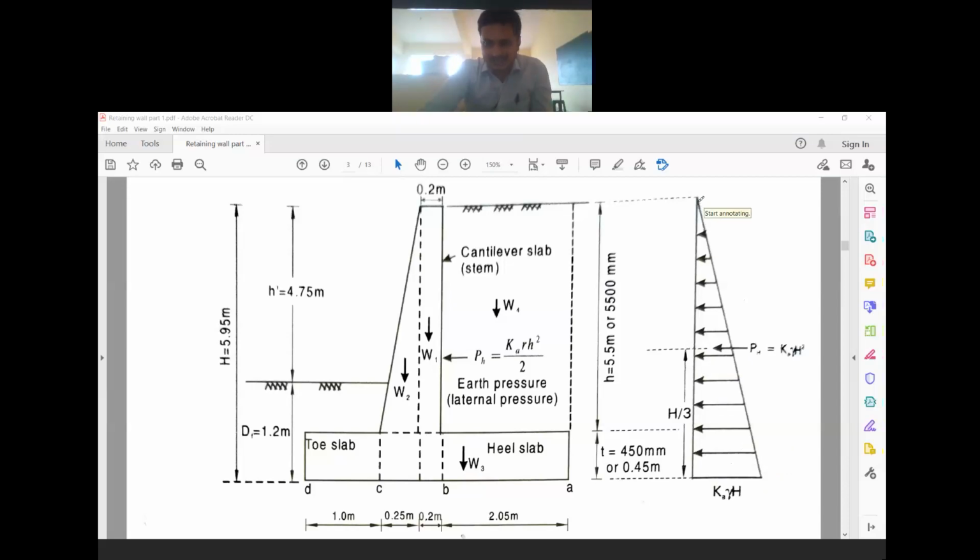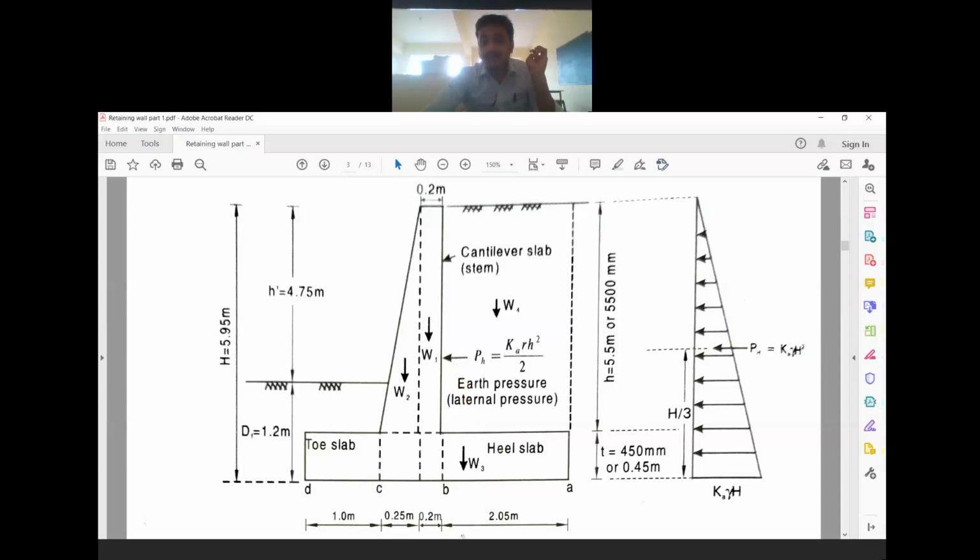So I cannot take this varying pressure diagram for calculation of design. So what I will do is take one resultant force of this triangular pressure diagram. This resultant force will be acting at a distance of h by 3. Since it is triangular in nature, the resultant, that is the centroid of the triangle, will be acting at a distance of h by 3 from the base of the triangle.